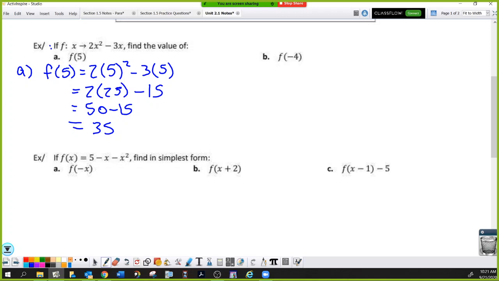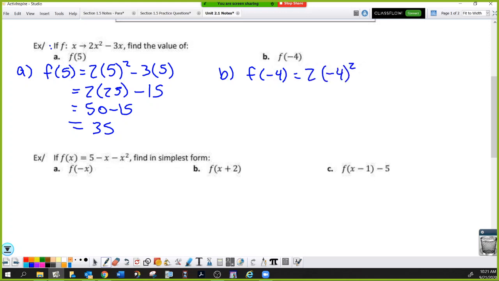So am I going to be having you plugging in numbers on your test? Probably not. This is extremely basic. We're going to scaffold our way up to what we want you to be able to do with it. Part B says plug in -4, so I'm going to do the exact same thing. I'm hoping that you notice that when I substitute, I used parentheses. You should too.